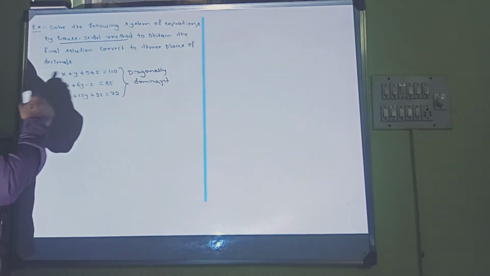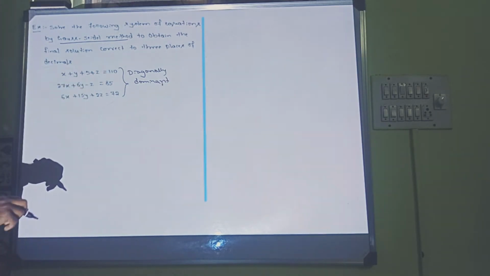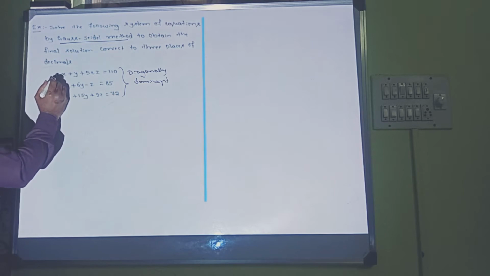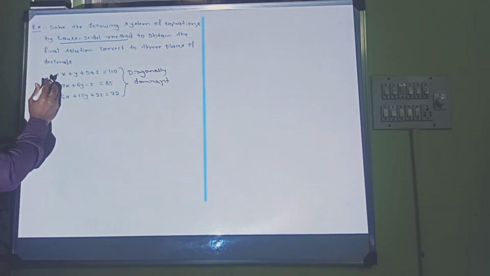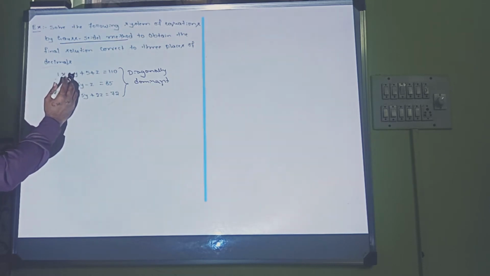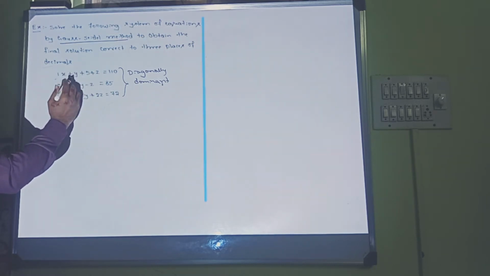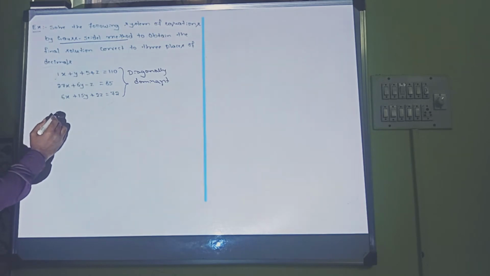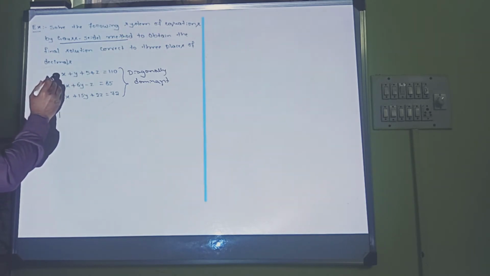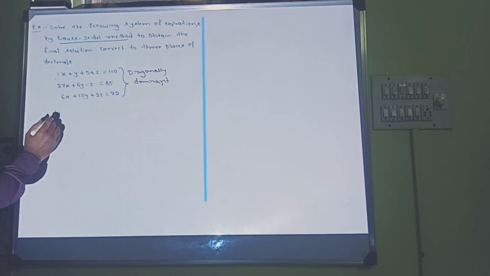Now let us see whether it is diagonally dominant or not. What is the condition? In the first equation, the absolute value of the first element must be greater than the sum of absolute values of the other two. When you look here, what is the absolute value of 1? 1.